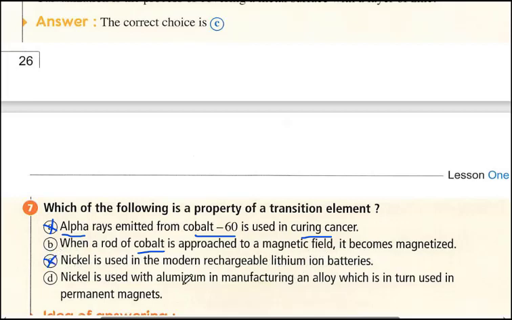Nickel is used with aluminum in manufacturing an alloy which is in turn used as a permanent magnet. Nickel is not magnetized, and aluminum is from group 3A, it cannot be magnetized at all. So the correct answer here is when a rod of cobalt is approached to a magnetic field, it becomes magnetized. Cobalt or iron, both can be magnetized.